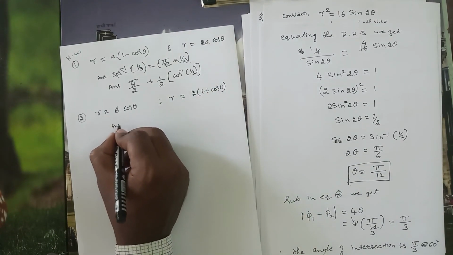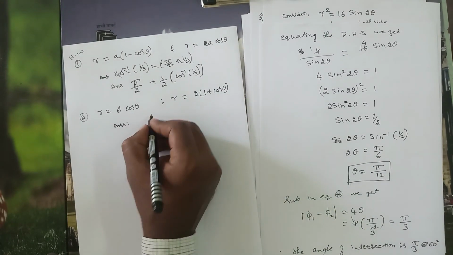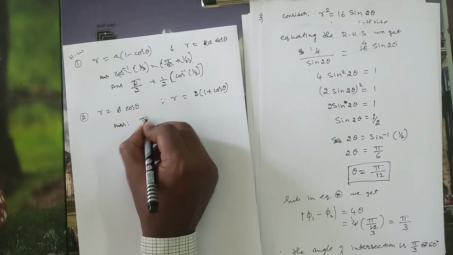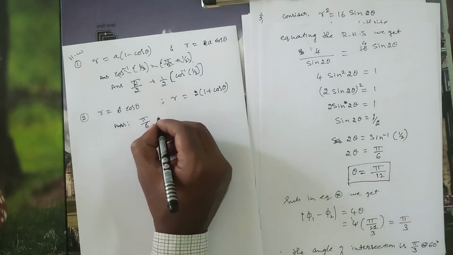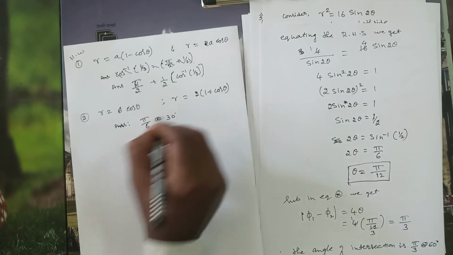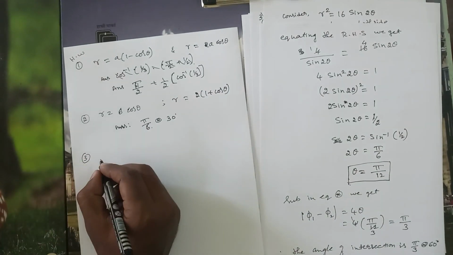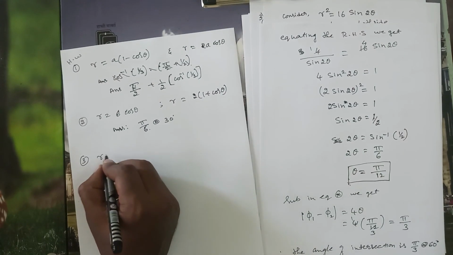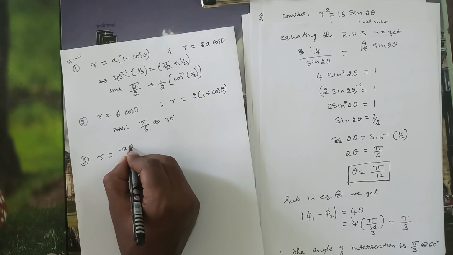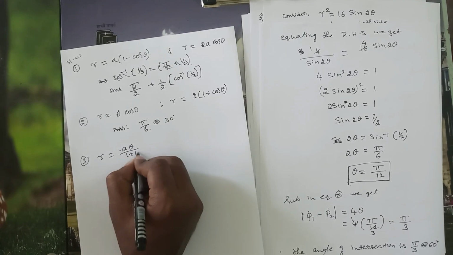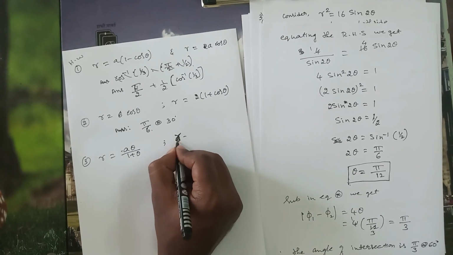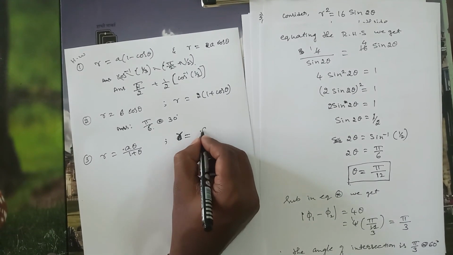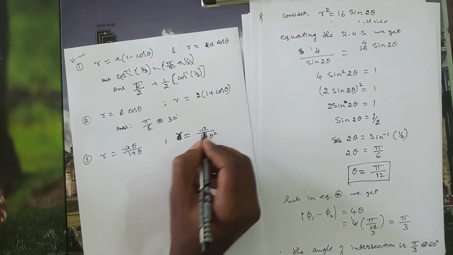You will get the answer pi by 6, which means 30 degrees. Next, r equals a theta divided by 1 plus theta, and r equals a divided by 1 plus theta square.